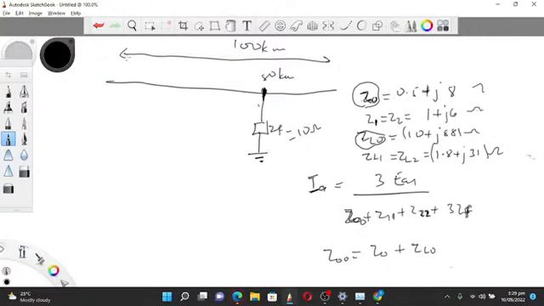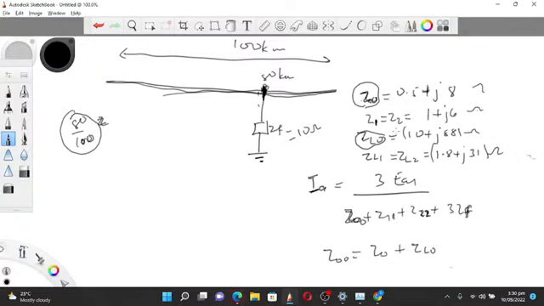However, the line impedance they are giving you is for the whole 100-kilometer line. That means that if you want the impedance at the 80 kilometers, you just have to do 80 over 100. It's like a percentage, 80% of the impedance.